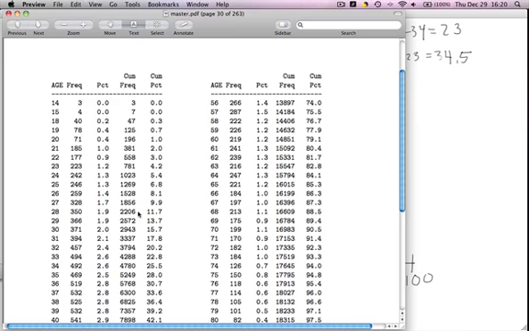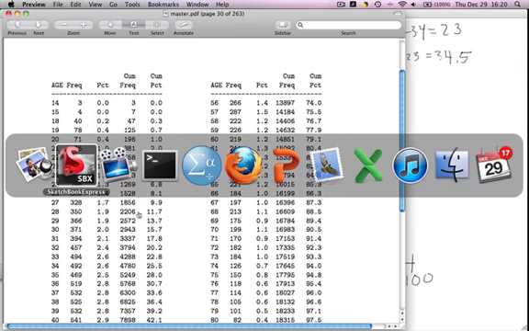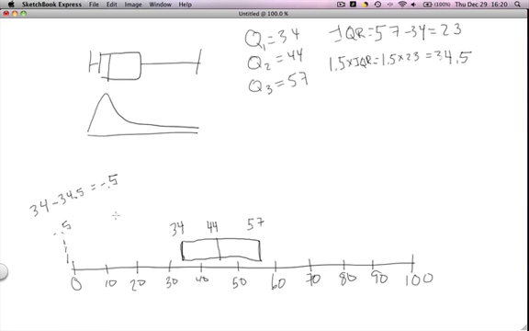So 14 is the youngest person in this distribution. So I'm going to come over to here and draw a line. This is the real whisker at the value 14, showing the minimum. And there's no reason to put any outliers because there are no outliers.